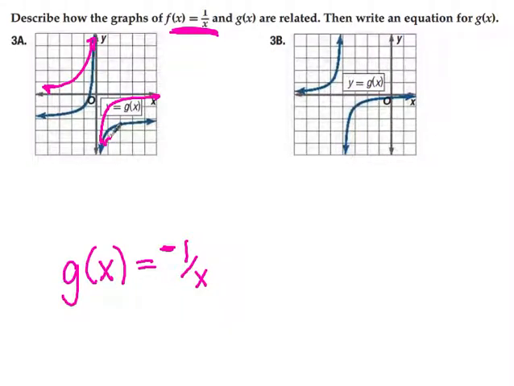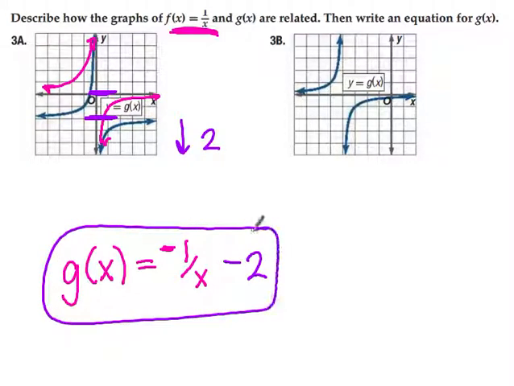So what do I need to do? Move it. Here's where I initially started, with my asymptote. Where's my new asymptote? -2. Good. So I've gone down 2. How do you do a down 2? Remember, you just subtract 2 on the very end.